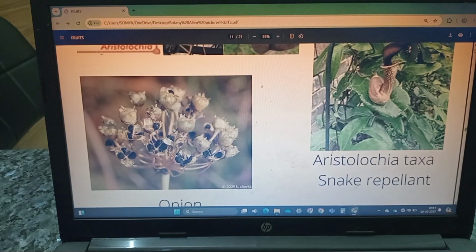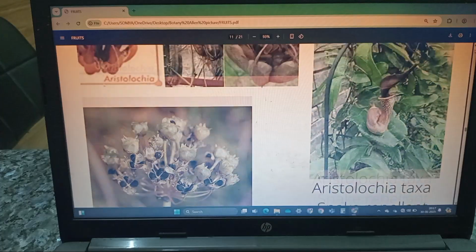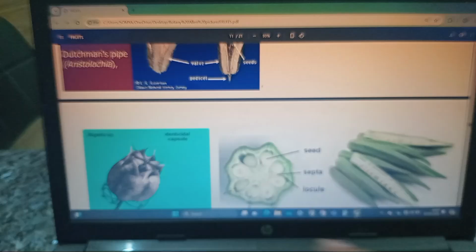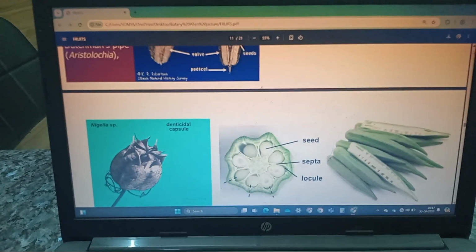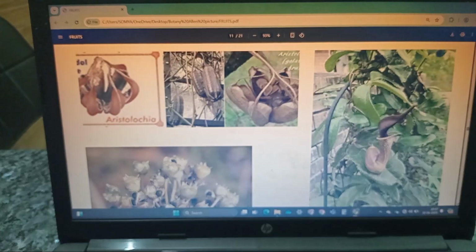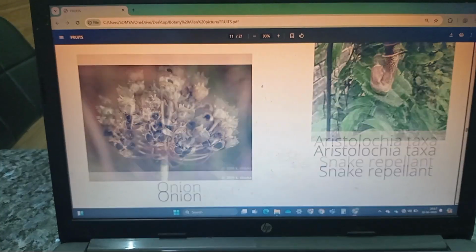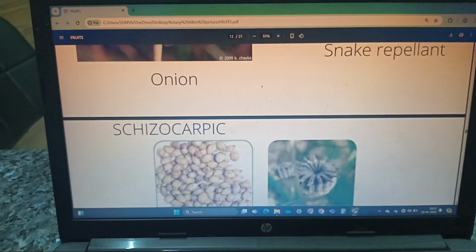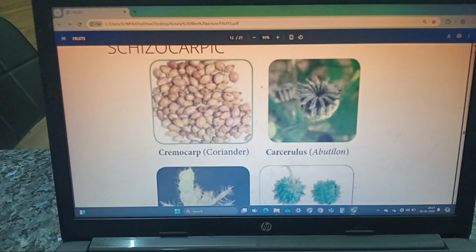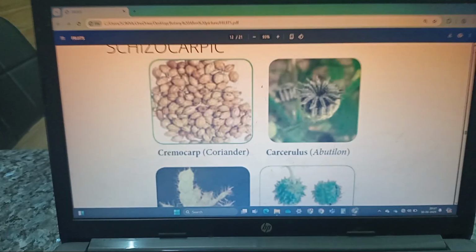So four examples of capsule I showed you: the onion, the okra, the cotton, the Papaver. In Datura also, if you see the fruit, it will open up like this. So it's a capsule.